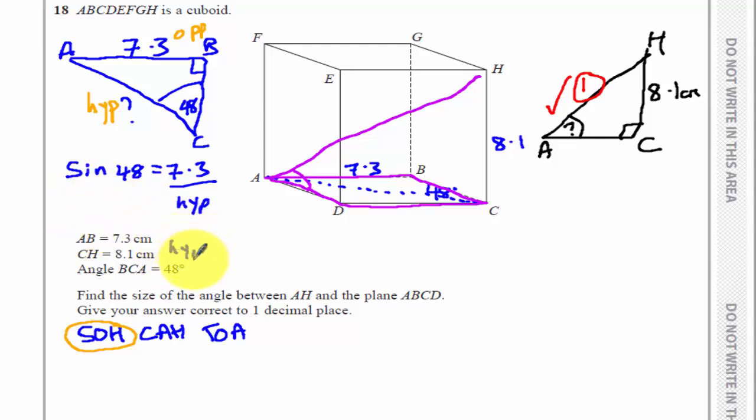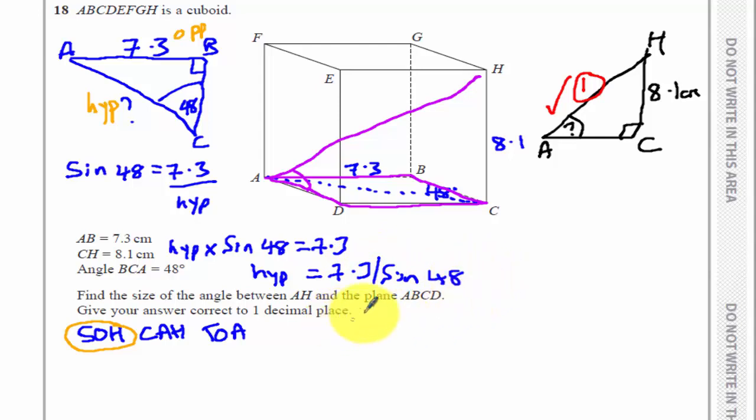So I'm going to get the hypotenuse times sine 48 is 7.3, and now divide by sine 48. And I'll get my answer. I'm running out of space, but I'll put another equals here. I shouldn't really, I should put it under here, but that's okay.